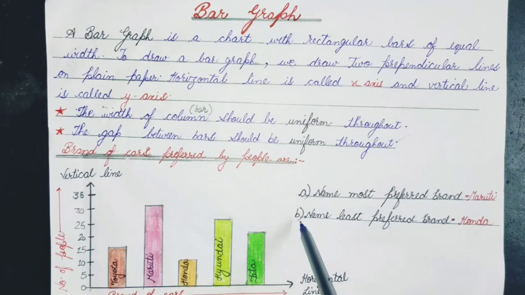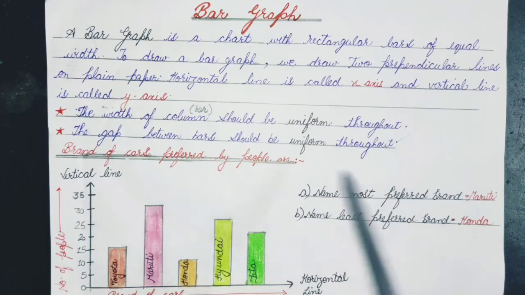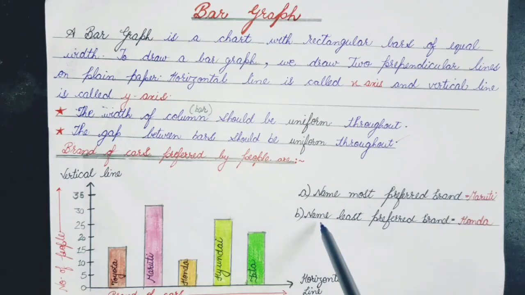Suppose two questions are asked and within seconds we can give the answers. Name the most preferred brand. Class, we can see the most preferred brand among all these brands is Maruti, which is preferred by 30 people. Right everyone. Second question is, name the least preferred brand.